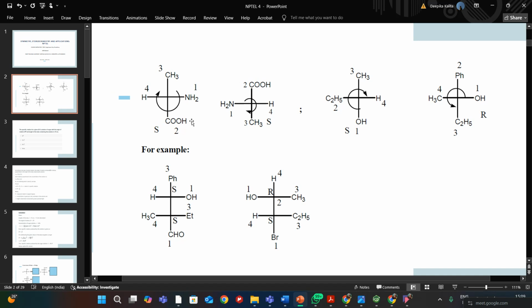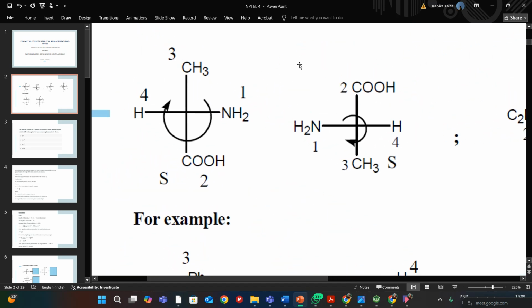So in the first example given here, you can see we have 4 substituents present on the carbon center here, which are one hydrogen, one methyl group, one amino functionality, as well as a carboxylic acid.